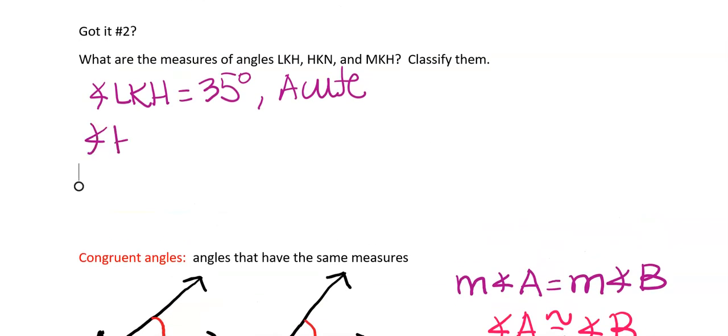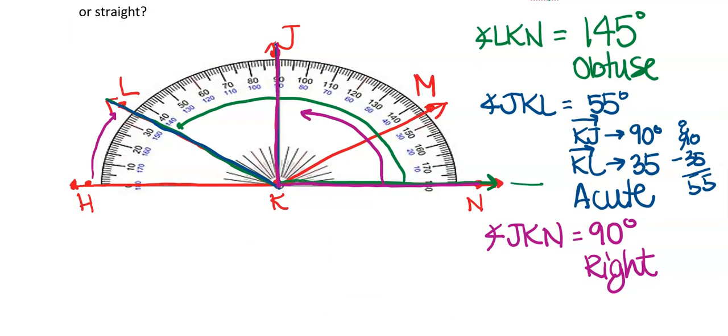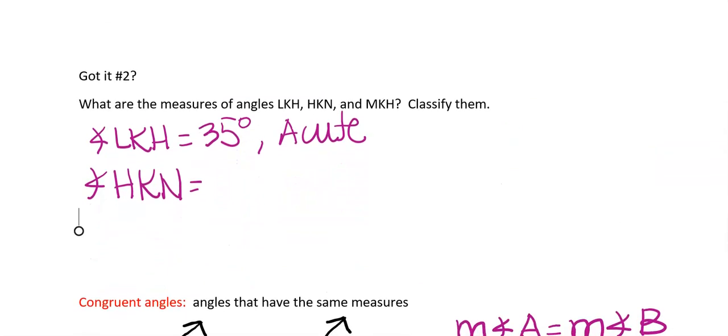Okay, angle HKN goes from the left side of the protractor to the right side. That means it goes from 0 to 180. So it would be 180 degrees, and that is a straight angle.